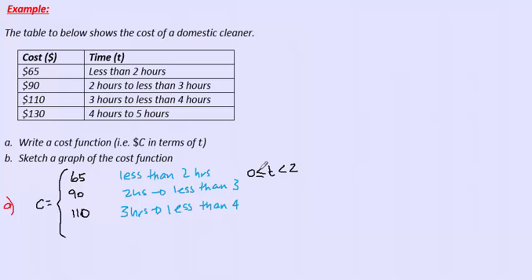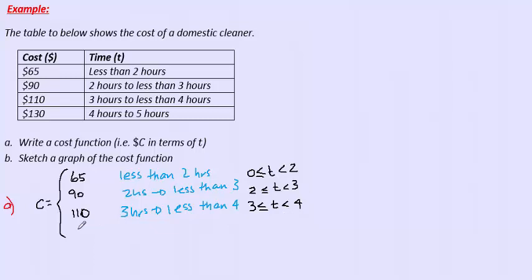So my first part is going to be between 0 and 2 hours, and it's going to look like that. Now here, if it's exactly 2 hours, it's going to fall in the $90 category. So I'm going to write the 2 like that, with that equal sign there as well, to time and then to 3 hours. And this one includes the 3 hours, to time and then less than 4 hours.